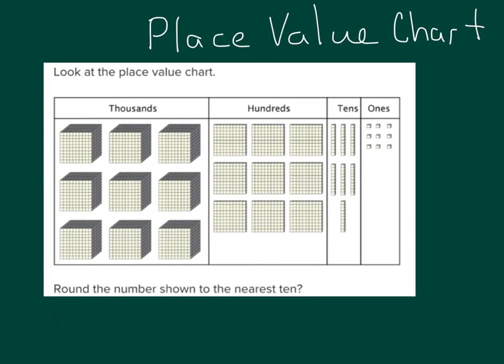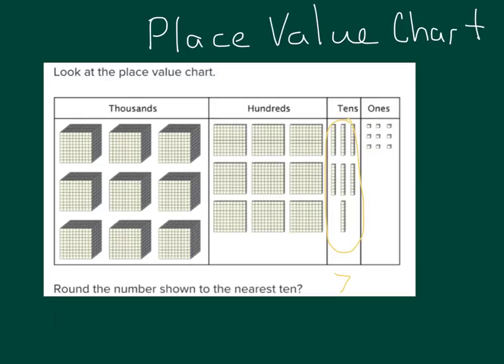Now we are going to actually round numbers using a place value chart. In this question, you need to round the number shown to the nearest 10. So let's look at the tens place. How many tens do we have? 7.